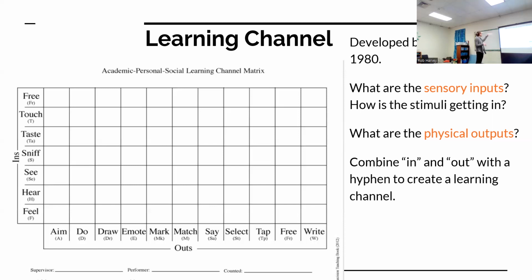So sensory inputs, we have all of the senses, obviously. Three is included, that refers to private events, things that we can't observe. And then physical outputs, these are really just categorizing what type of movement the behavior is.